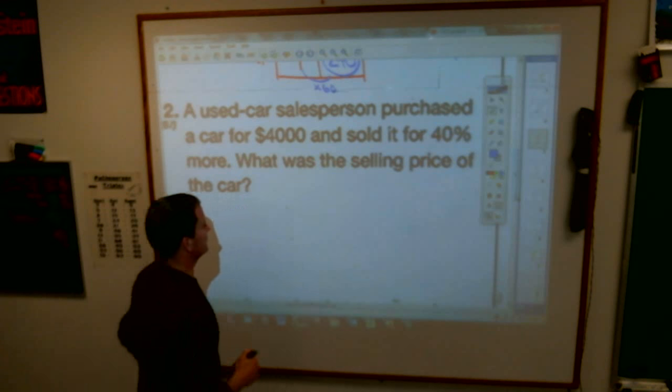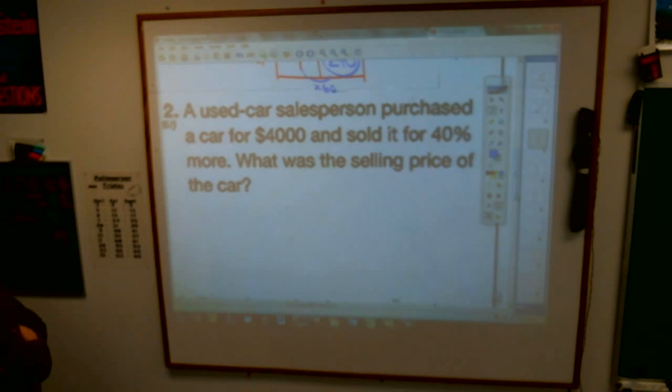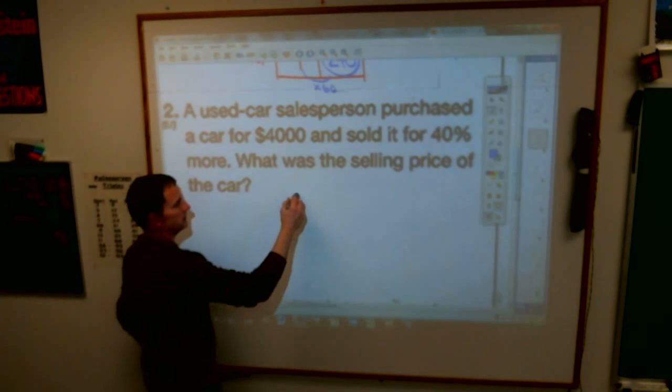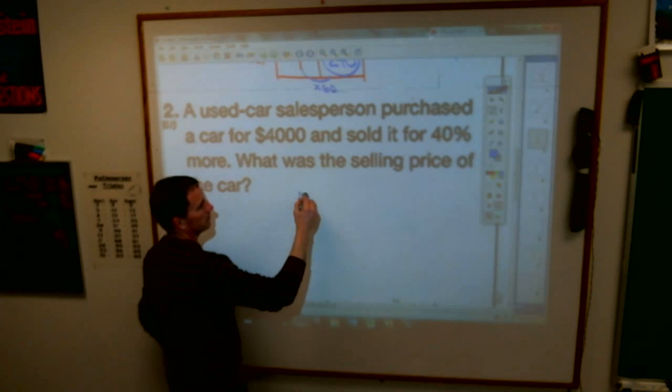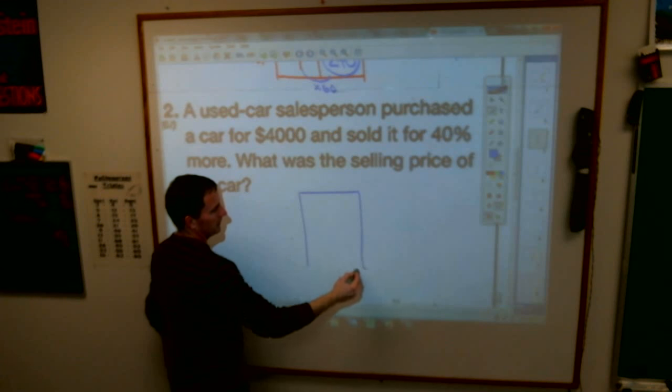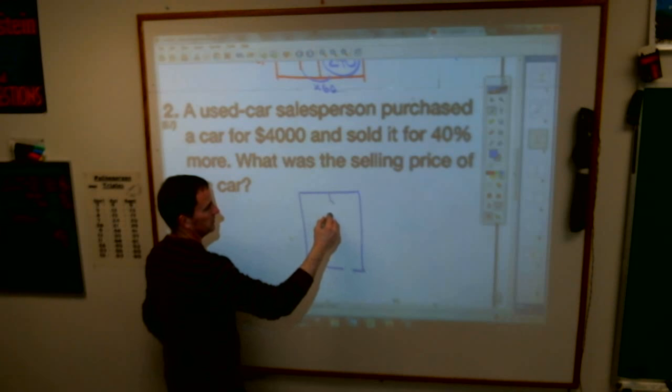A used car salesman purchases a car for $4,000 and sold it for 40% more. What was the selling price of the car? How do we go about doing this? This is a percent increase. Anytime you're adding percentages, you need to do this.